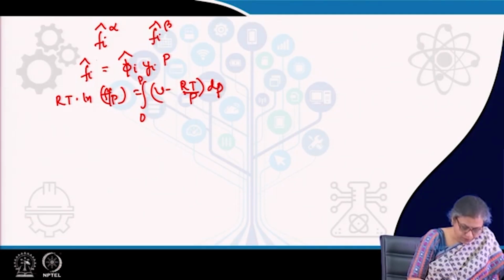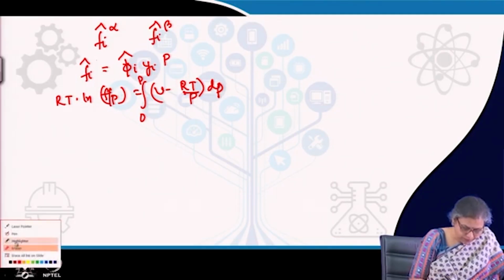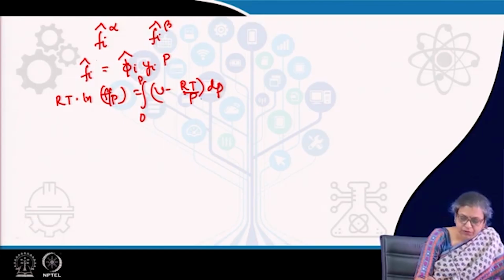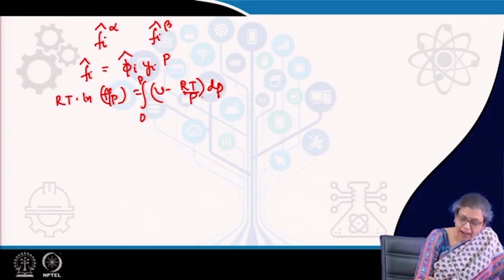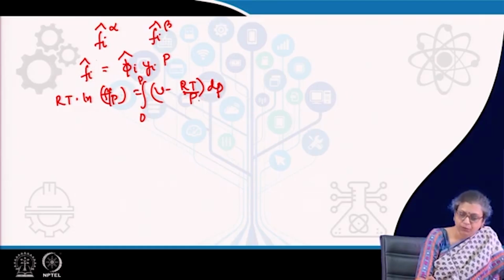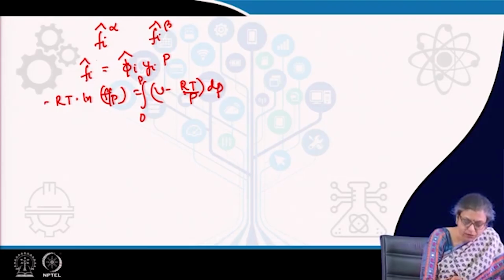So, therefore, this is the equation, and if I have to write this equation for component i in a mixture, it can also be written as RT ln phi for that component.